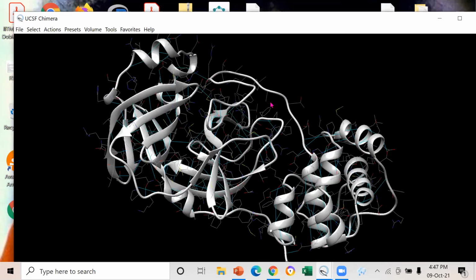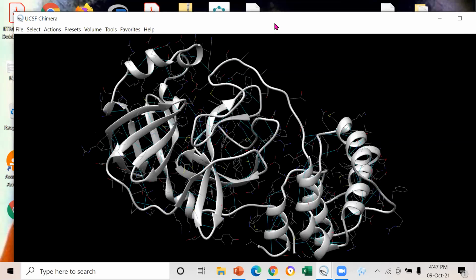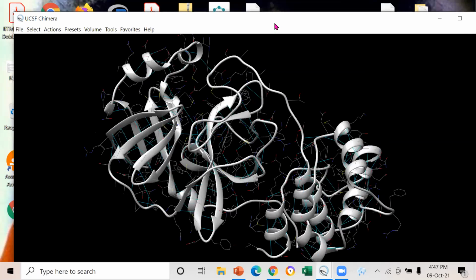Many analyses can be done with UCSF Chimera. See the protein and the ligand interaction actually.